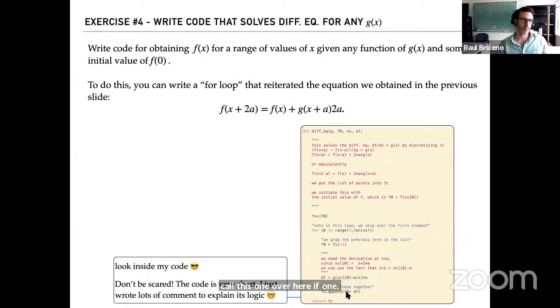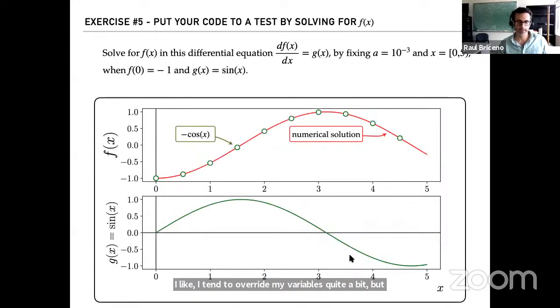That's perfectly fine. I tend to override my variables quite a bit, but as long as you do it carefully, there are no problems, but it can lead to mistakes if you're not careful.